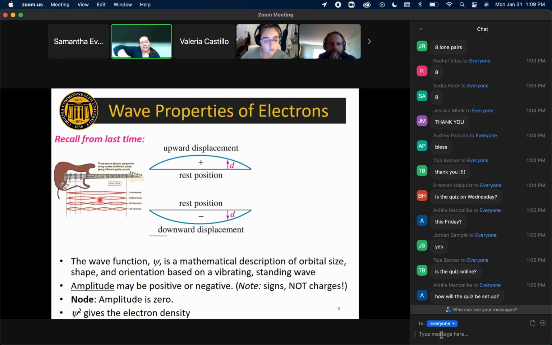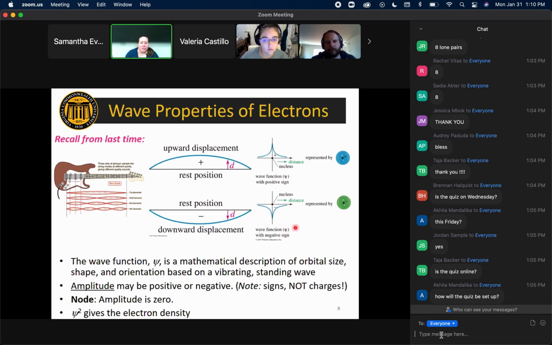And the size of that oscillation, whether it's a big one or a little one, is the amplitude, and how fast it oscillates is the frequency. It turns out that those same types of words, amplitude and frequency, can be used to describe electrons and the energy levels of electrons. So you can see here, we've got a positive wave function and a negative wave function.